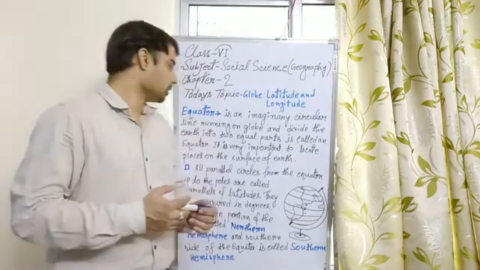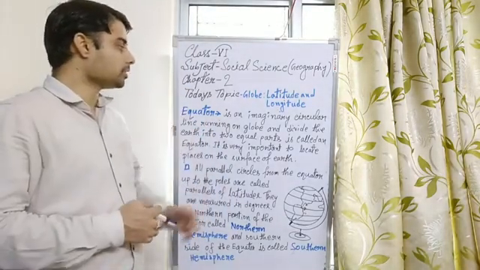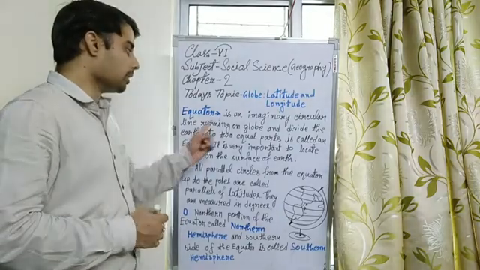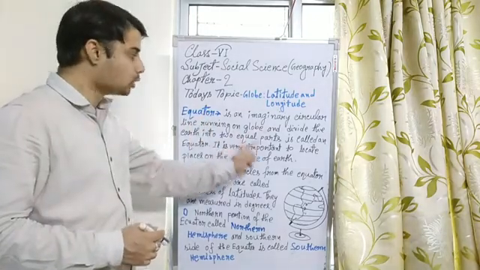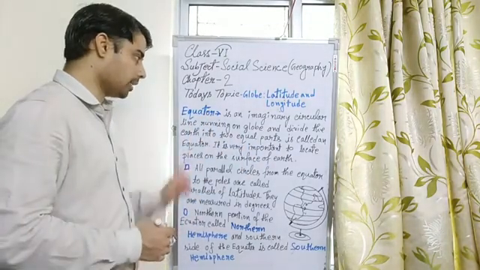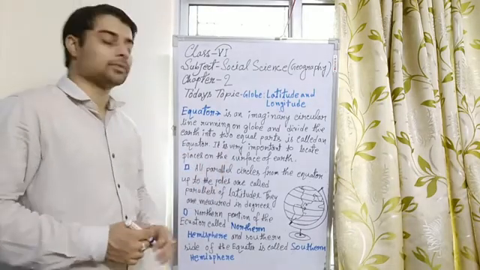Okay, now what is the equator? The equator is an imaginary circular line running on the globe that divides the earth into two equal parts, and it is very important to locate places on the surface of the earth.